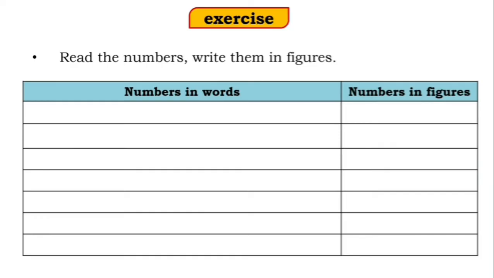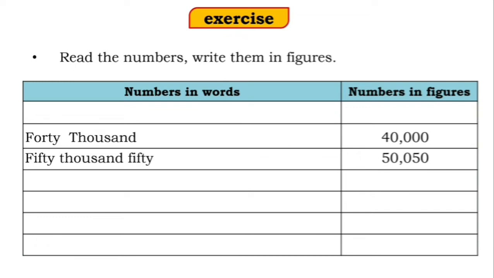Now let us solve exercise. Read the numbers, write them in figures. So numbers in words, first number is 40,000. In figures it would be 40,000. Next number is 50,050. So in figures it would be 50,050.